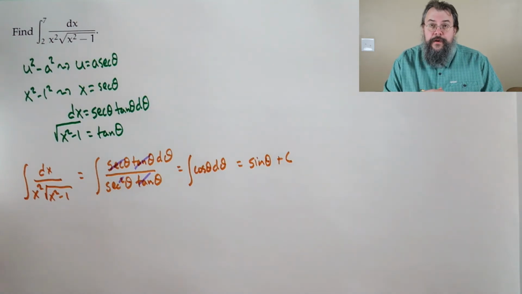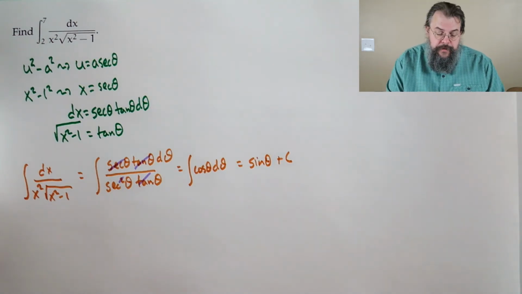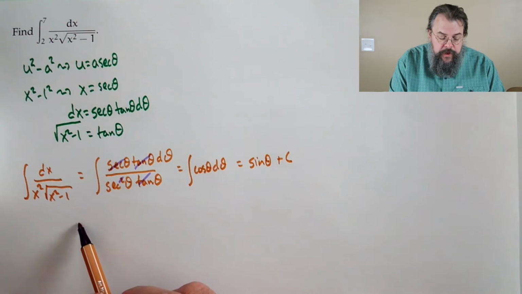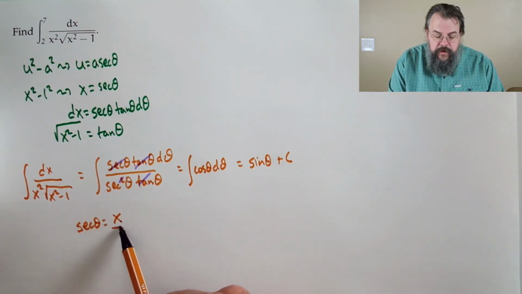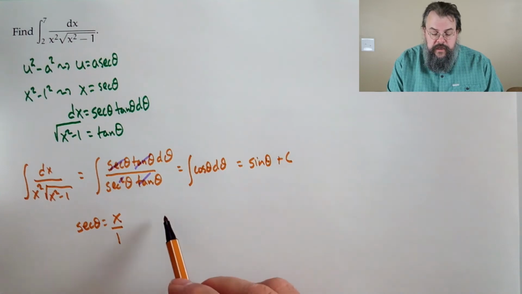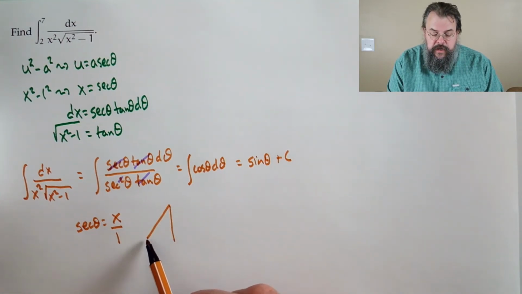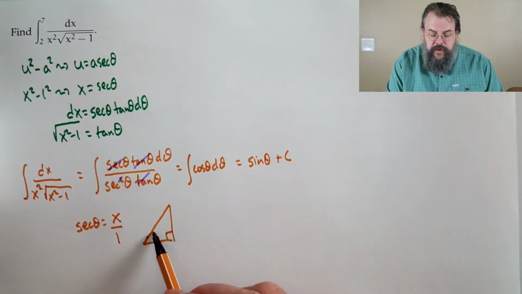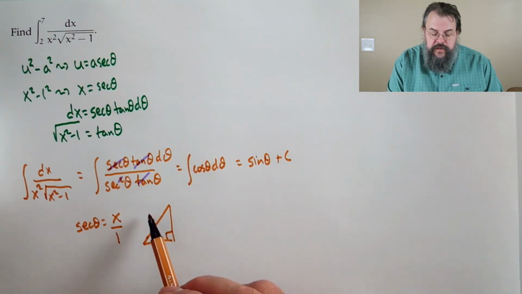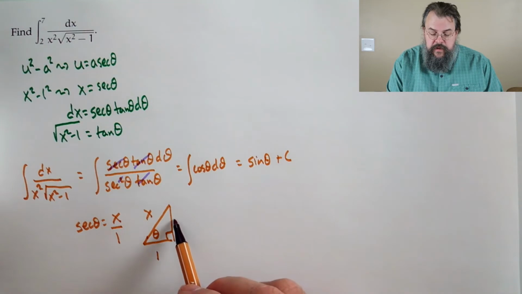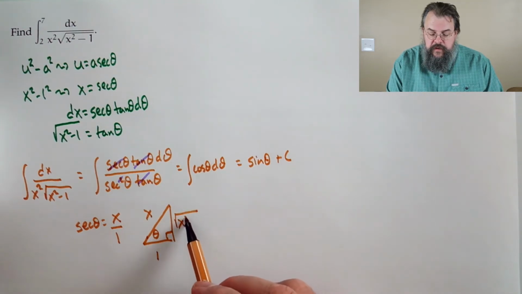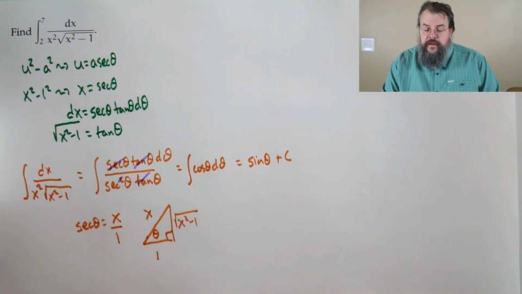Now, we're not out of the woods yet. We have to say, okay, what is sine? Well, we know secant is x. Well, it's really x over 1. So if we draw our triangle, secant is hypotenuse over adjacent, which means that the opposite is the square root of x squared minus 1.